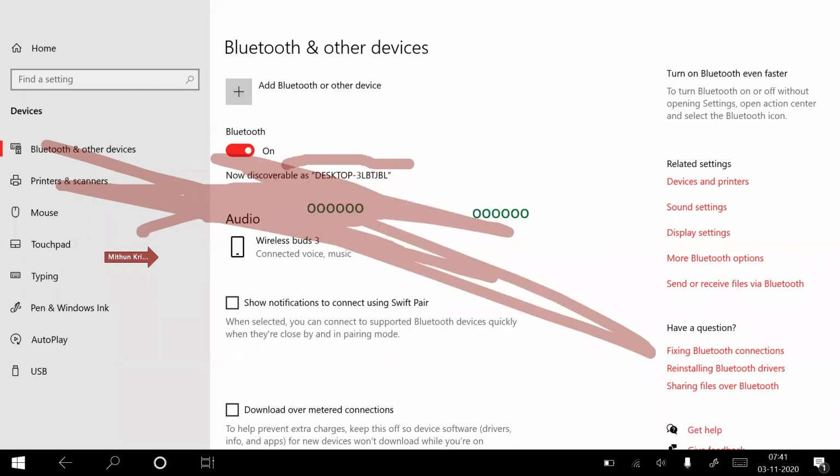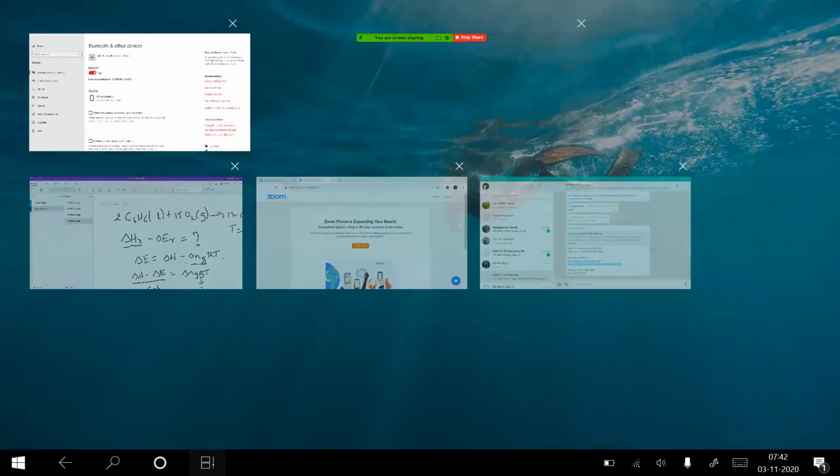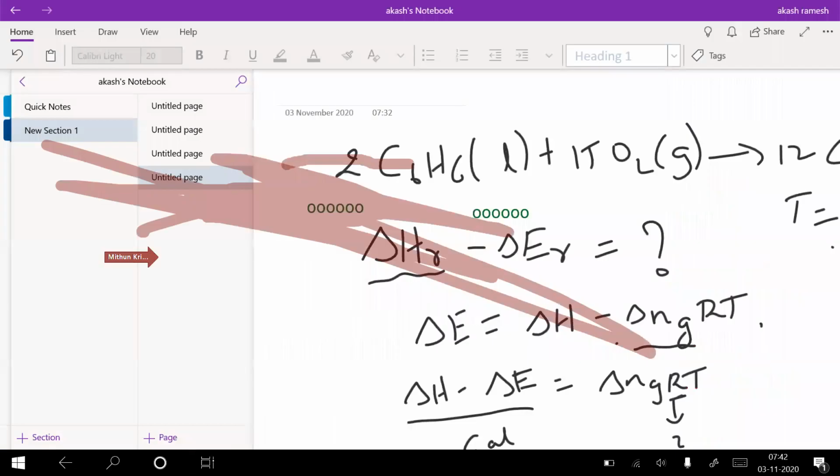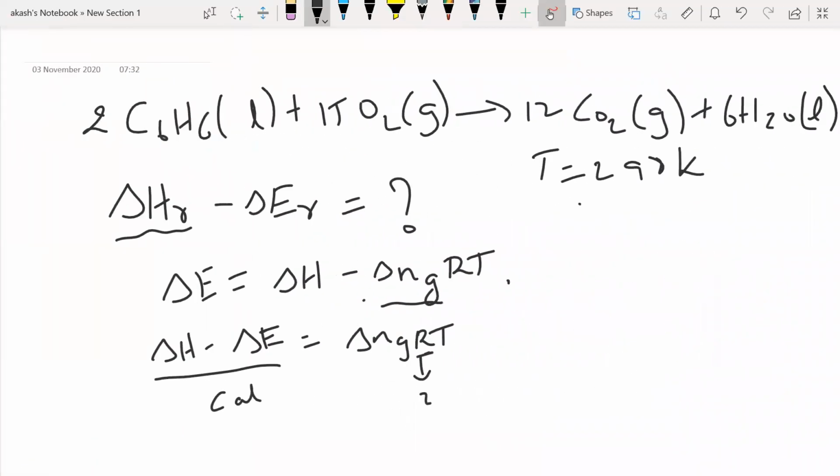So what I was telling? So I was asking Surya, isn't it? One second, I'll go back to the screen. Okay, so Surya, can you tell me what is delta Ng of this reaction? Sir, are you speaking right now, sir? Hello? Oh God.